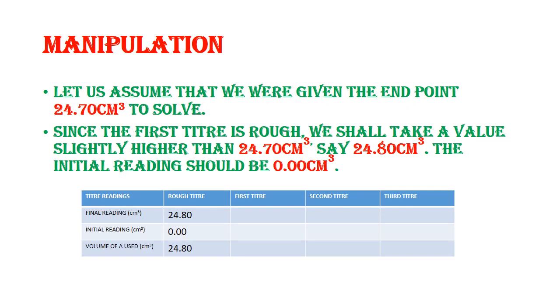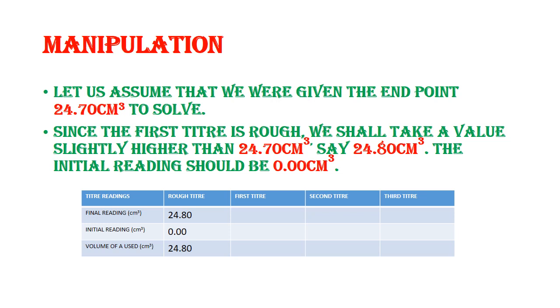Now let us assume that we were given the endpoint 24.70 cm³ to solve. Since the first titer is rough, we shall take a value slightly higher than 24.70 cm³, say 24.80 cm³. The initial reading should be 0.00 cm³, of course, you should know that.